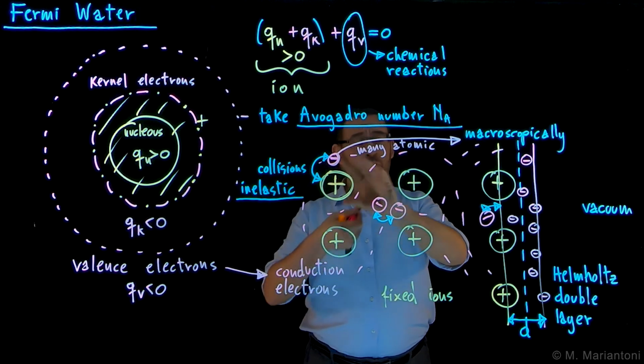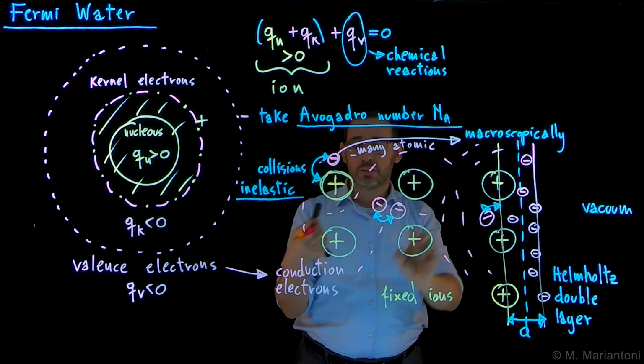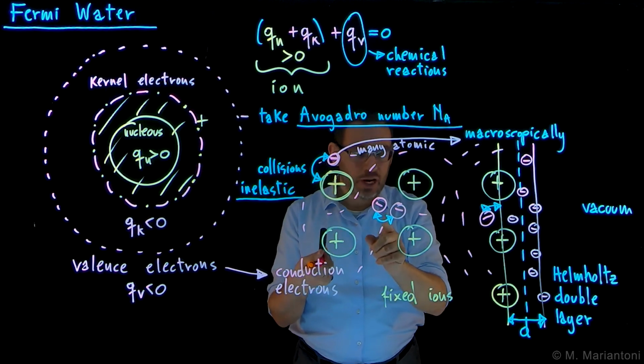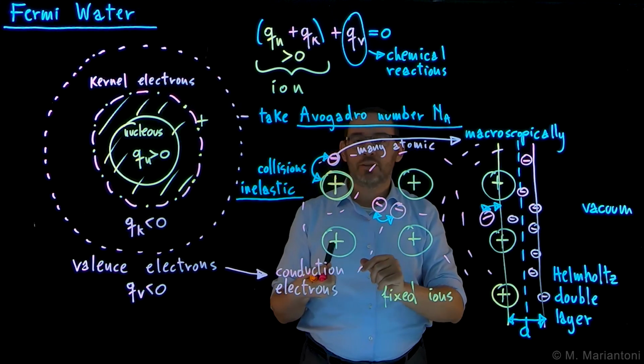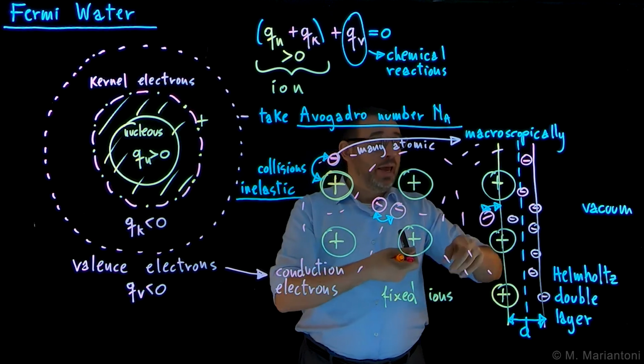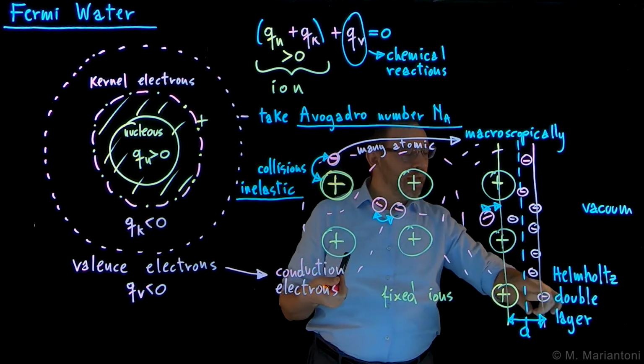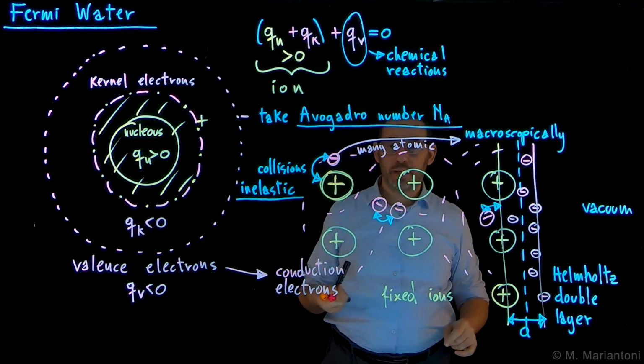These negative particles, the conduction electrons, can interact with the positive ions, with each other, or the wall in inelastic collisions, that is, energy is not conserved. And finally, they are kept within the metallic object by a double layer, a Helmholtz double layer, which is an electrostatic layer. That's it.